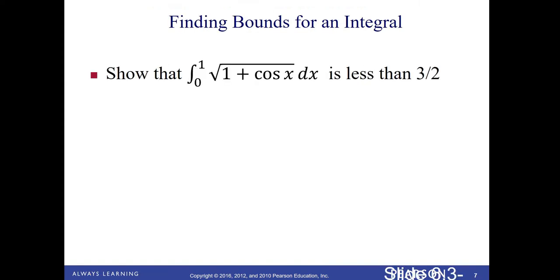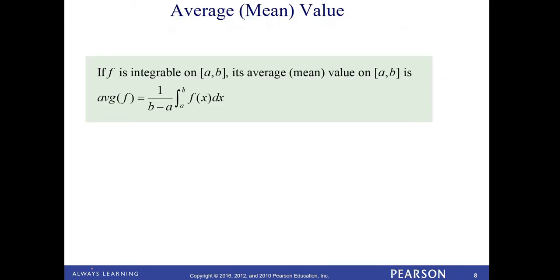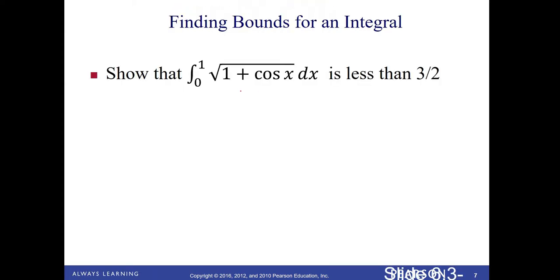Okay, finding bounds. So we want to show that the integral from 0 to 1 of the square root of 1 plus cos x dx is less than 3/2. So we're going to use some of that information from our max-min rule. We know by looking at this function that cos of x has a limited domain. It must be from 0 to 1.